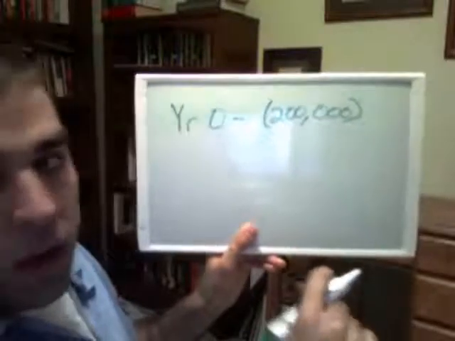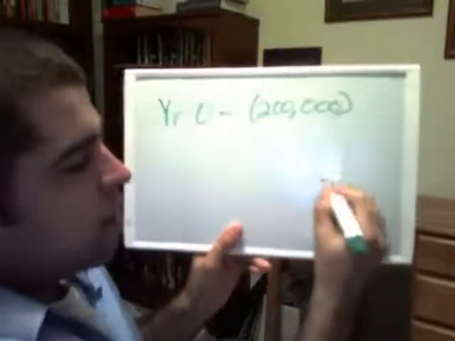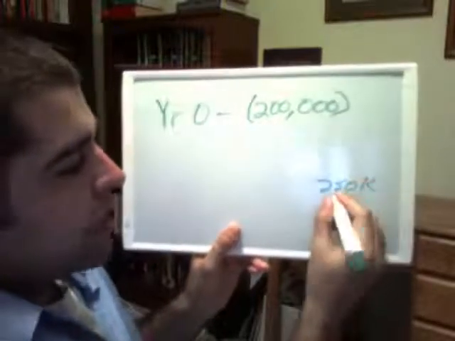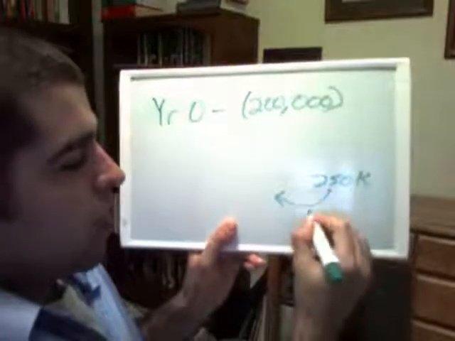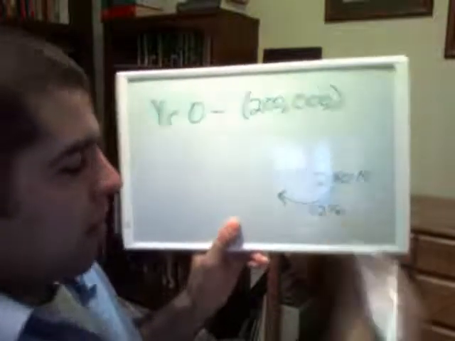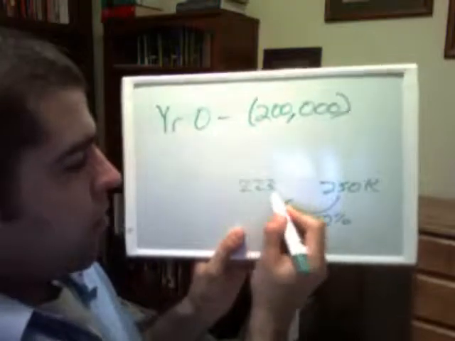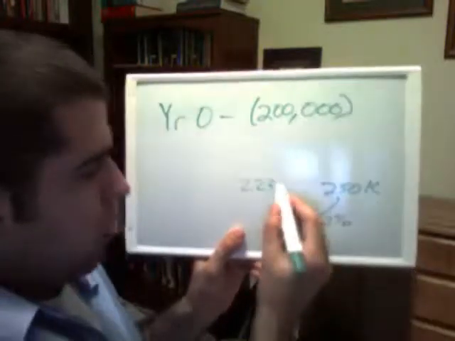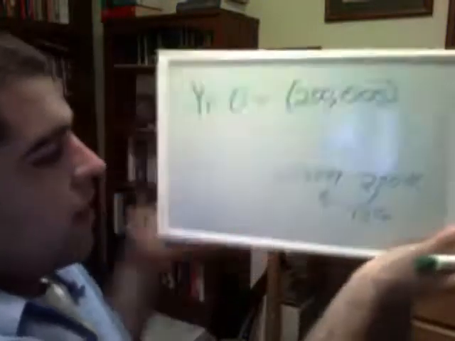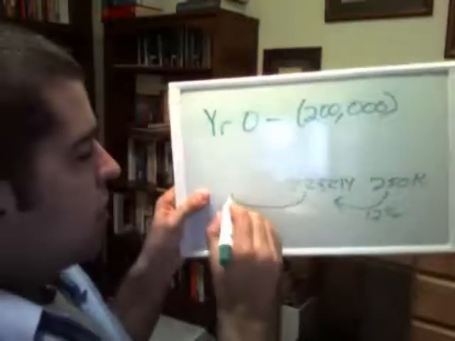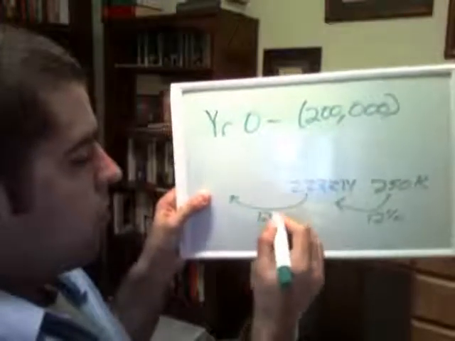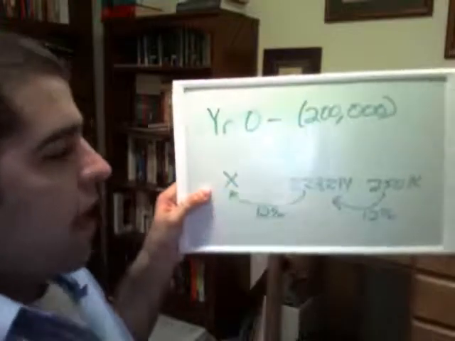What would you do then? Well, rather than just discounting once, we need to discount twice. So we went back 12% there, and we got the 223,214. Okay, we would need to take this back again another 12% and to get X there.